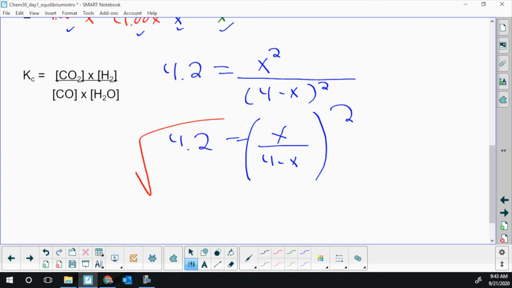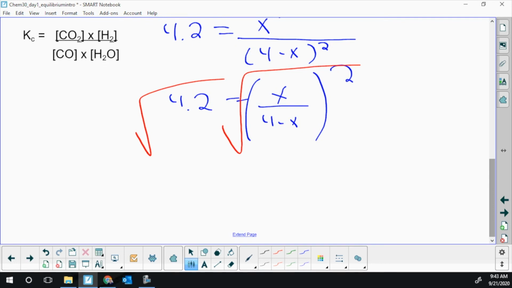Now, this can nicely be solved by square rooting both sides, and that gets rid of the square on the right side. So now I'm going to fly through the math quickly. 2.05 is the square root of 4.2, the red square root just cancels out the blue square.